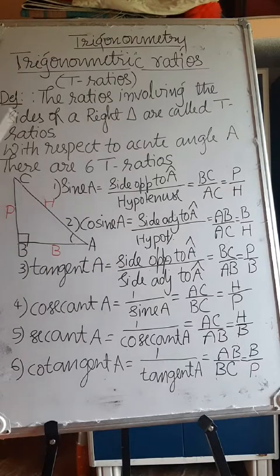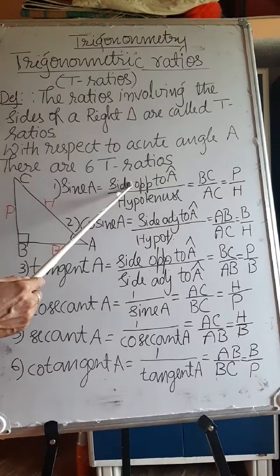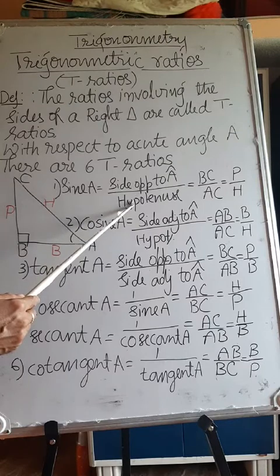Now, listen carefully. First ratio, sin A, generally we call it sine A. What is sine A? As I said earlier, it is the ratio involving the sides. Therefore, sine A means side opposite to angle A divided by hypotenuse.